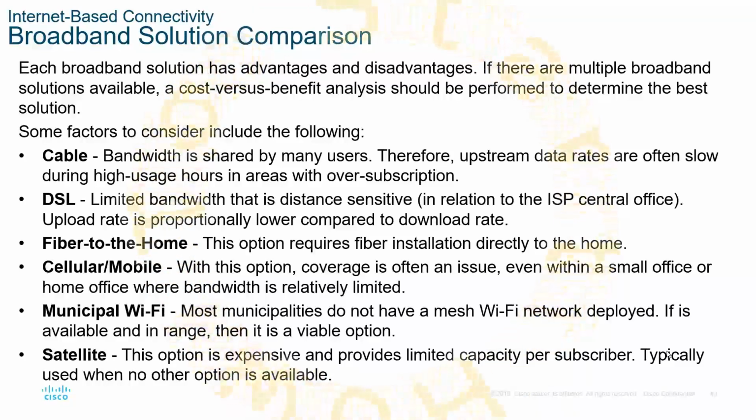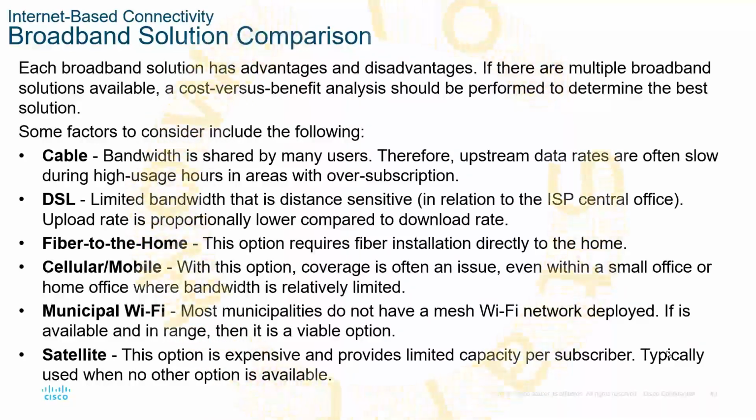Oftentimes the cable provider does oversubscription. Basically, they put more people on the cable than it's made to handle, assuming that not everyone will be using their entire service all of the time. They over allocate. DSL, limited bandwidth, limited distance, and typically is slower.